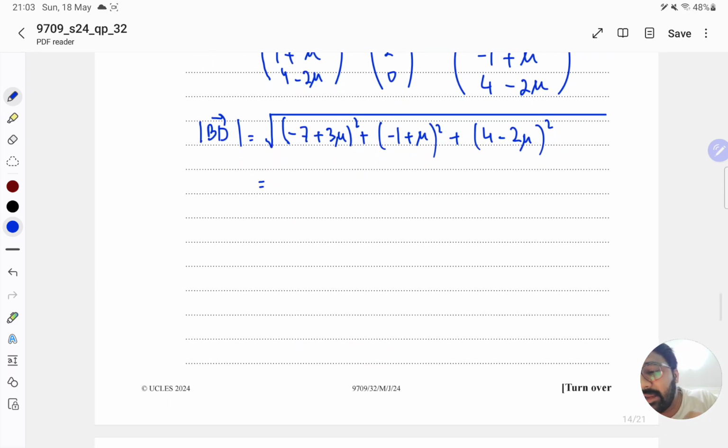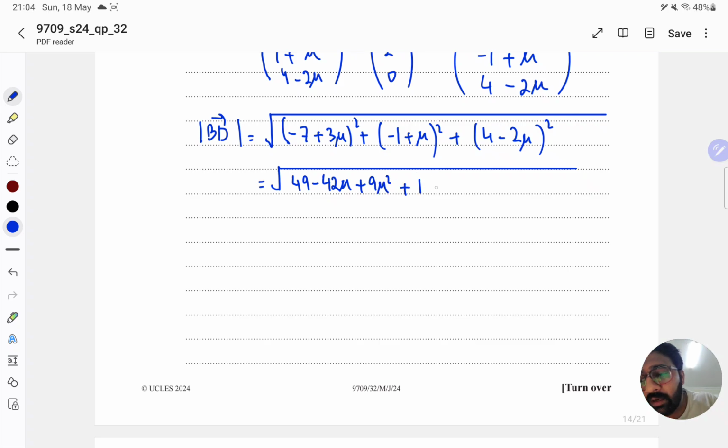Now if I expand it, it is going to be square root of 49 minus 2 times 7 times 3 is 42 mu plus 9 mu square plus 1 minus 2 mu plus mu square plus 16 minus 16 mu plus 4 mu square.